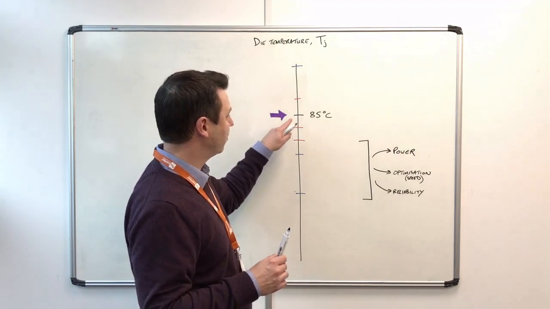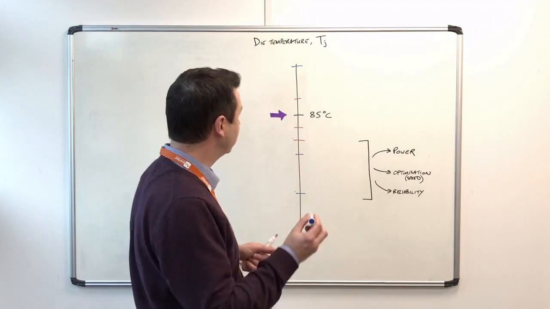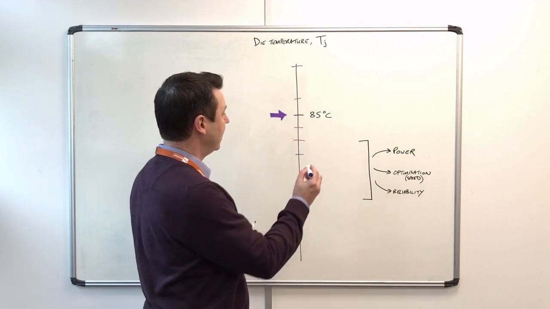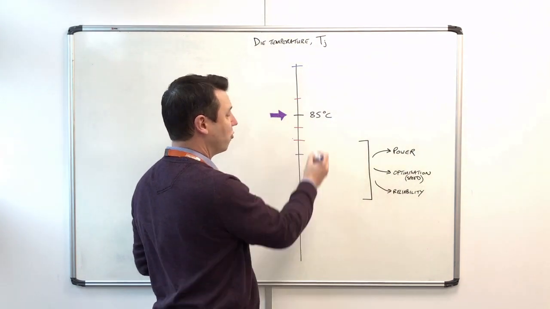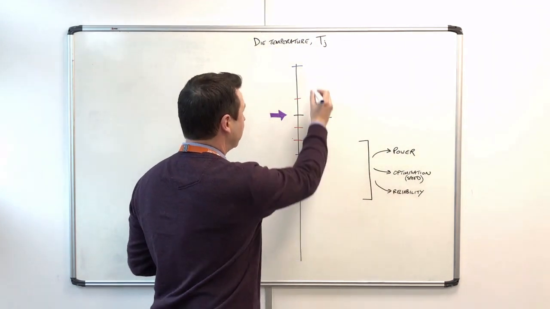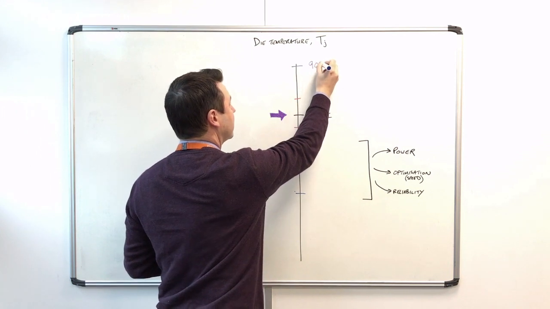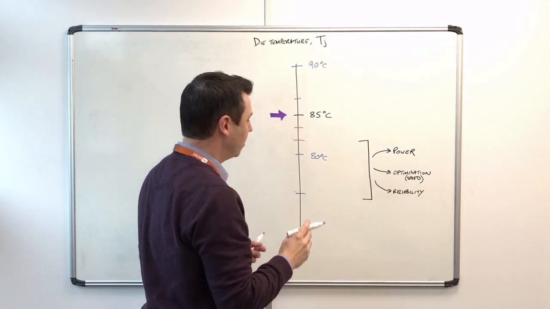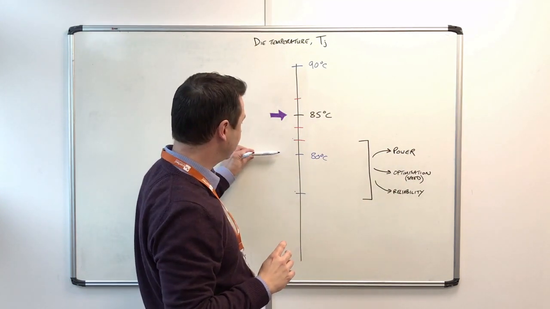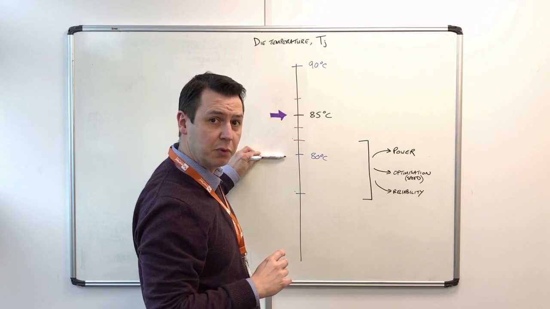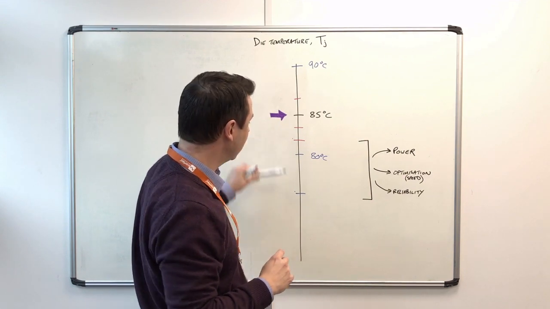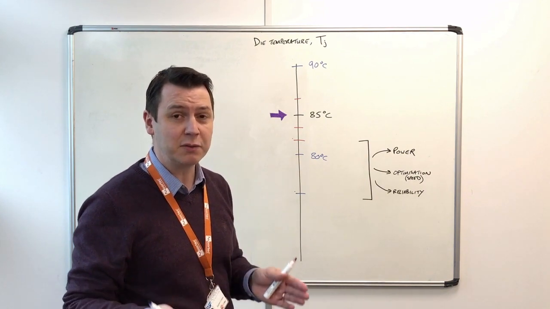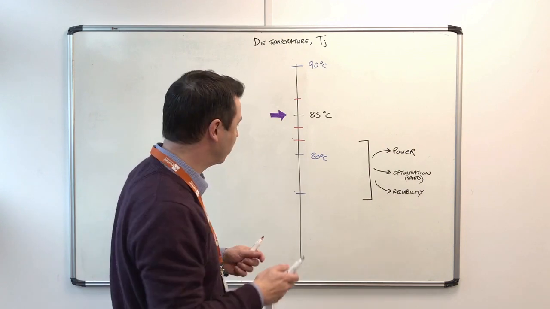So if you've got 85 degrees C as your target temperature, and your temperature sensor is, say, plus or minus 5 degrees C accurate, you then have a set point or a range of temperatures that can vary between 90 degrees C and 80 degrees C. So your software will need to be set at its lowest point, its worst case point, to 80 degrees C. So then, allowing for the inaccuracy of the temperature sensor again, so we're compounding this issue, you still have to allow for the plus or minus 5.